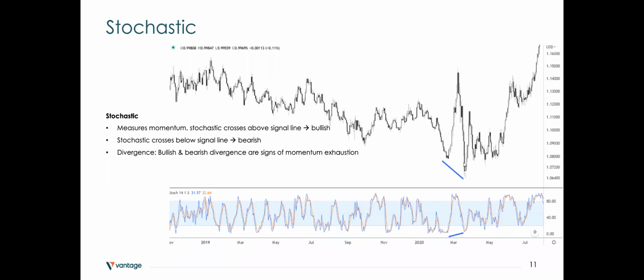Okay, so similarly, you do not really need to have the stochastic out to determine a divergence. So basically what you want to see is that this value here is determined by the difference in price of this upwards move and then this downwards move versus this upwards move and this downward move. As you can see, this downward move is of greater magnitude than this upward move, probably about 1.5 times this upward move, whereas for this, it's roughly 1.1 to 1.2 times the downward move.